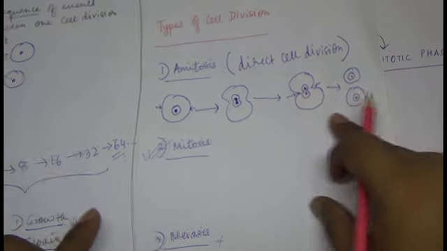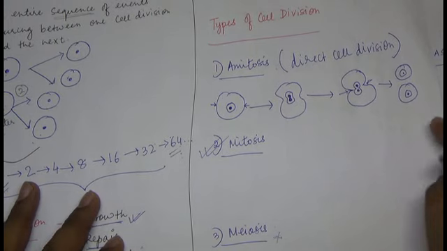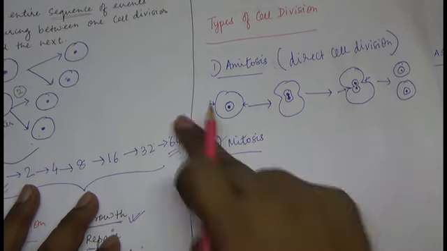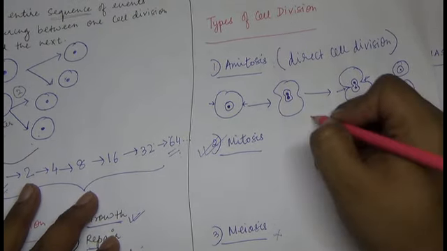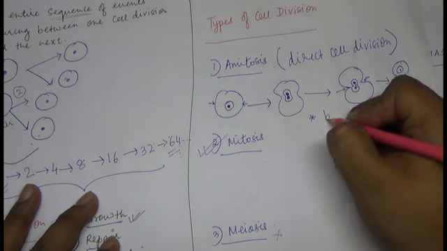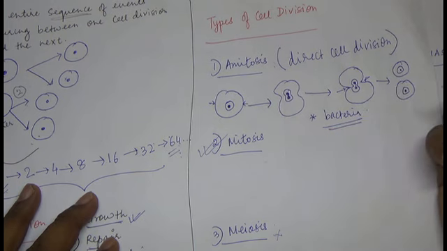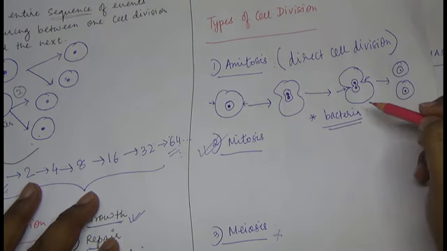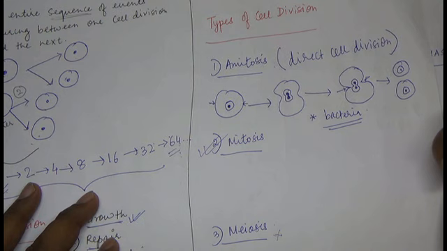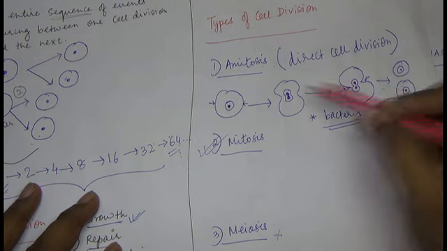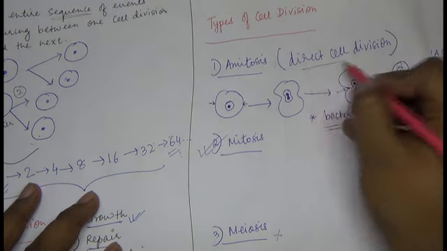Clear? So this is called the amitosis type of cell division. Where does it occur? It occurs mainly in unicellular organisms, say bacteria. Lower groups of plants and lower groups of animals show amitosis, which is the direct cell division.